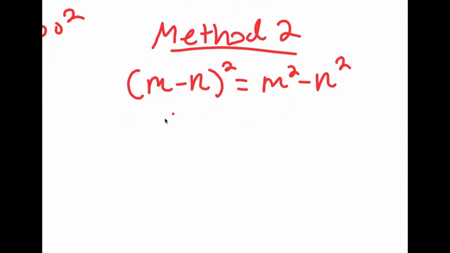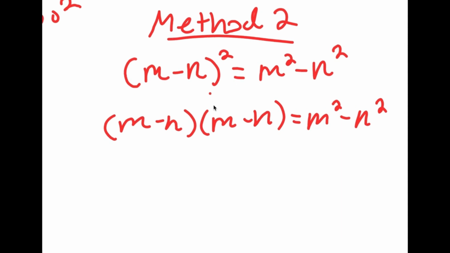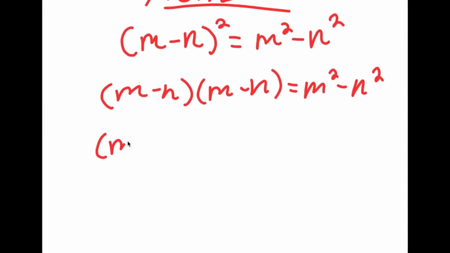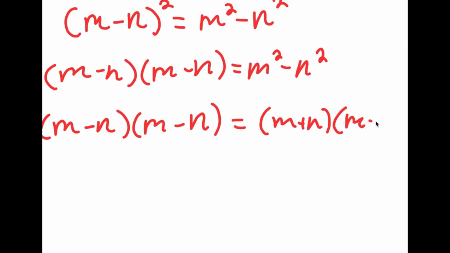And now this time, I'm going to again expand (m − n)² to (m − n) times (m − n). And now from here, I'm going to rewrite m² − n² as (m + n) times (m − n).